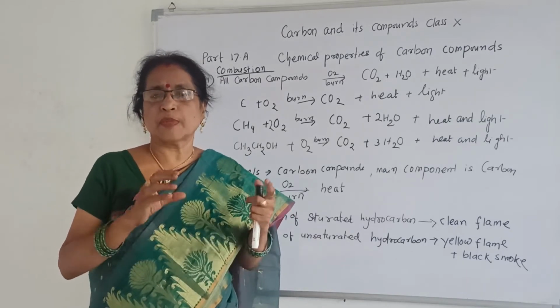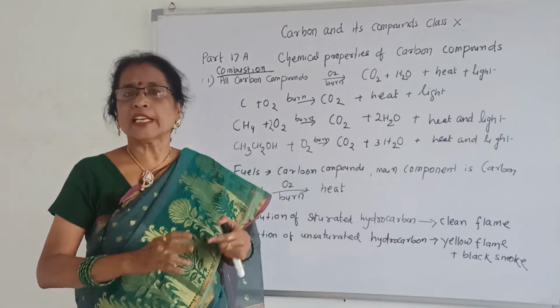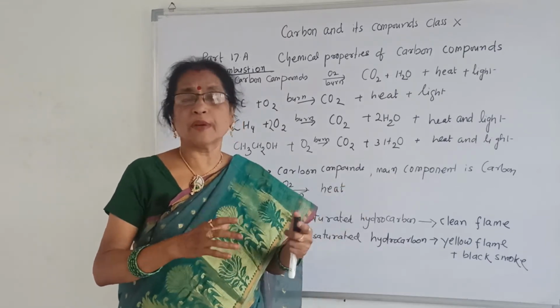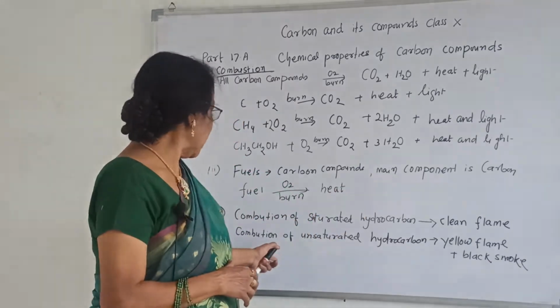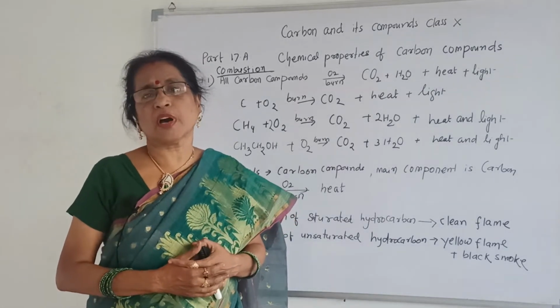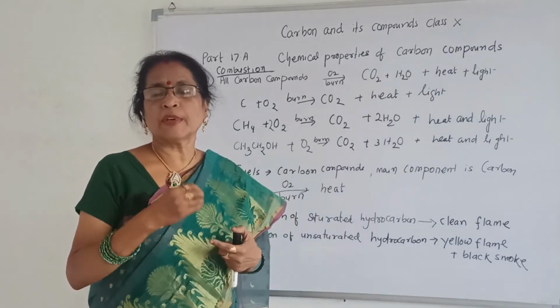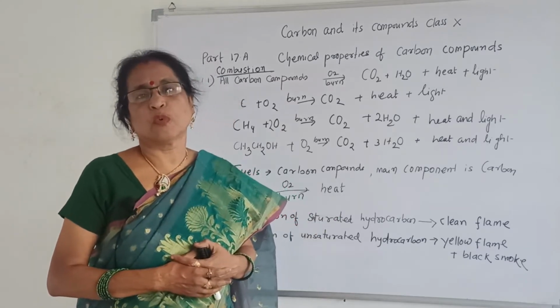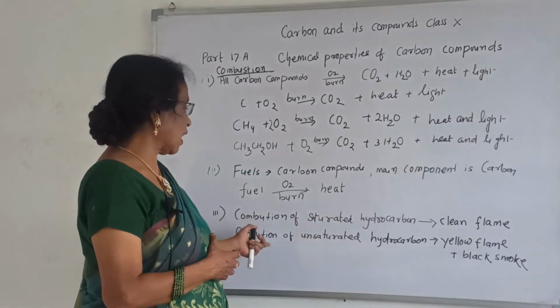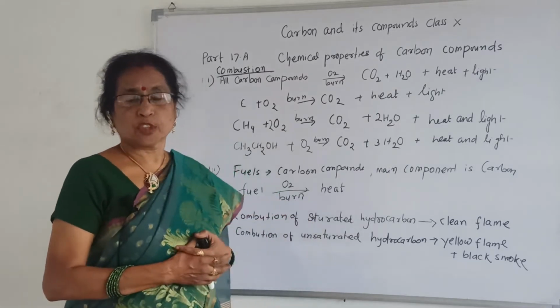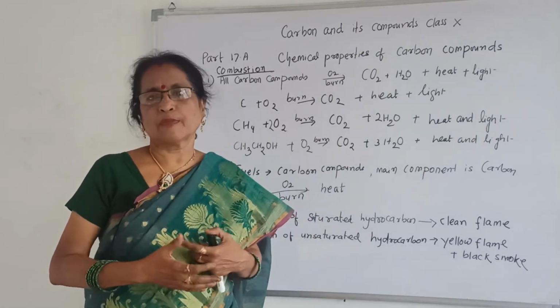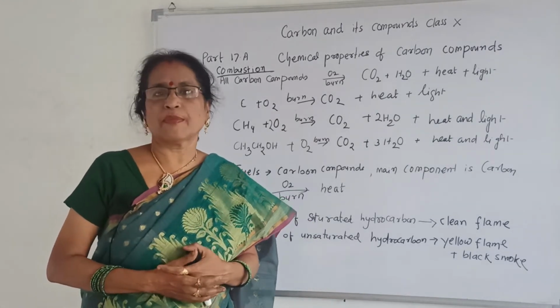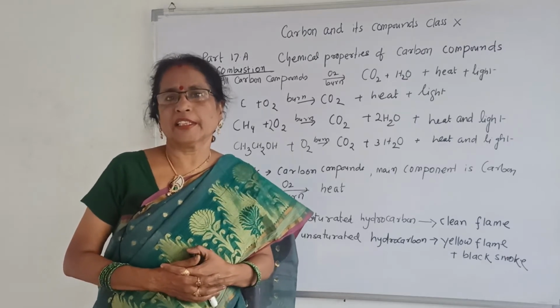When a saturated hydrocarbon burns with oxygen, it gives a blue, clean flame. Whereas combustion of unsaturated hydrocarbons gives a yellow flame, because unburned carbon particles are there, with black smoke. Now we will see other characteristics of combustion, how something burns and gives different types of energy, heat and light.